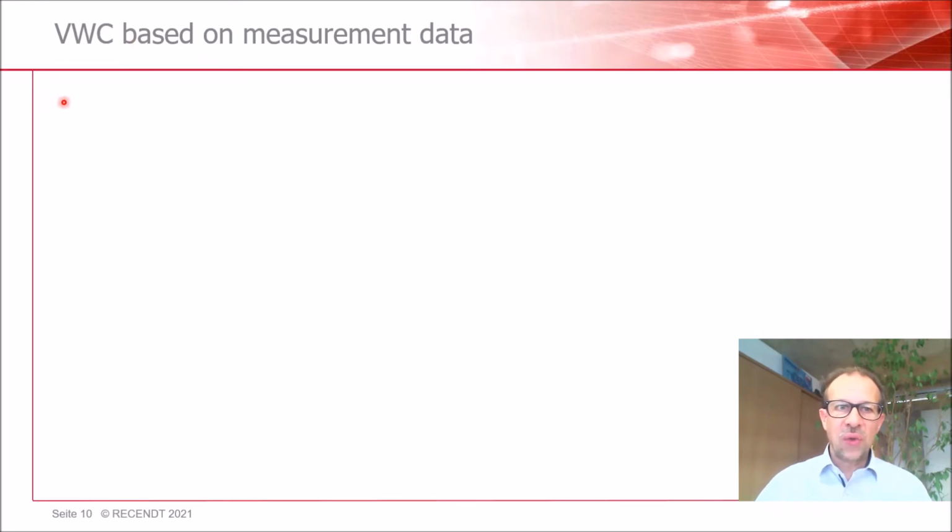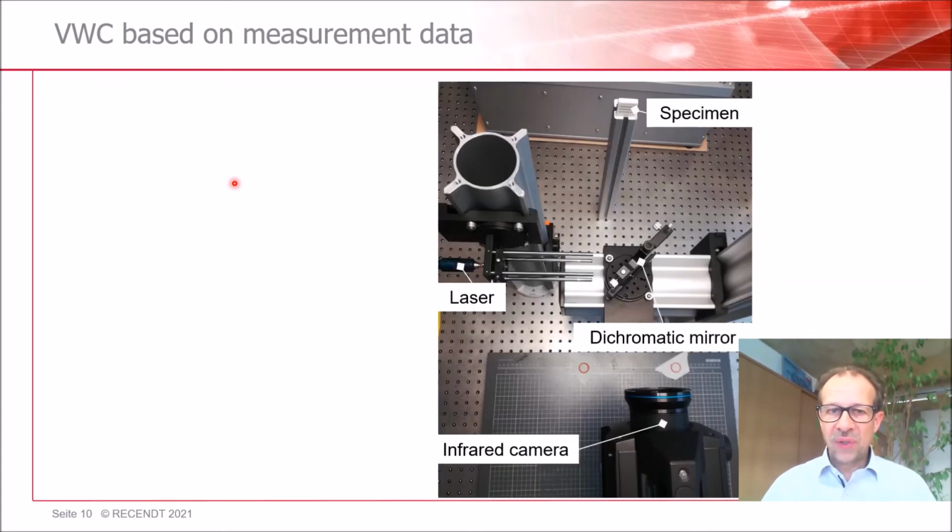Now let us show how this virtual wave concept works on experimental data. Here we have used the laser, shown here, which heats via this mirror a specimen. And the heat from the surface of the specimen went through this mirror because this infrared camera has a sensitivity only between 3 and 5 microns, so very long wavelengths.